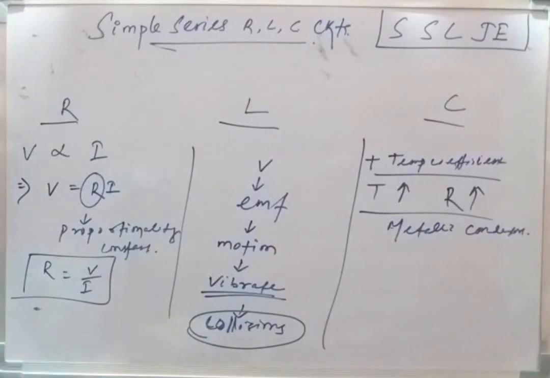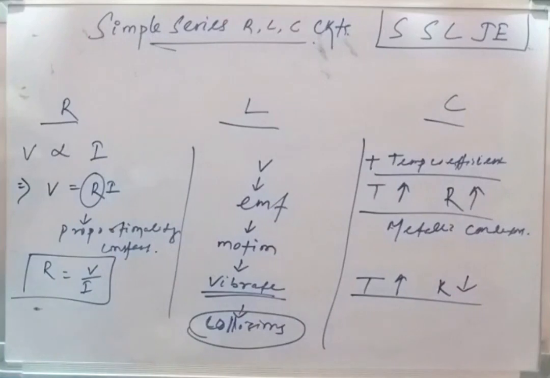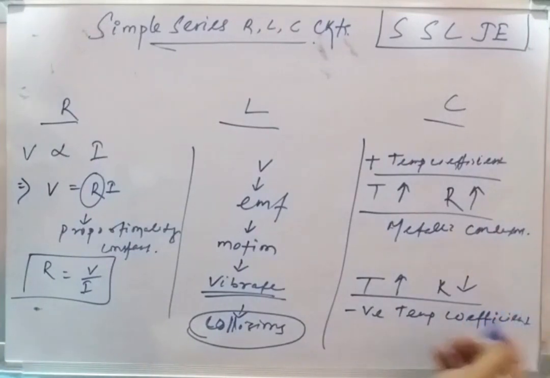But in semiconductors the opposite happens. If temperature increases, resistance will decrease. That is called a negative temperature coefficient, and this happens in semiconductors. The details will be taught to you in the basic electrical classes. Okay, so this is resistance.